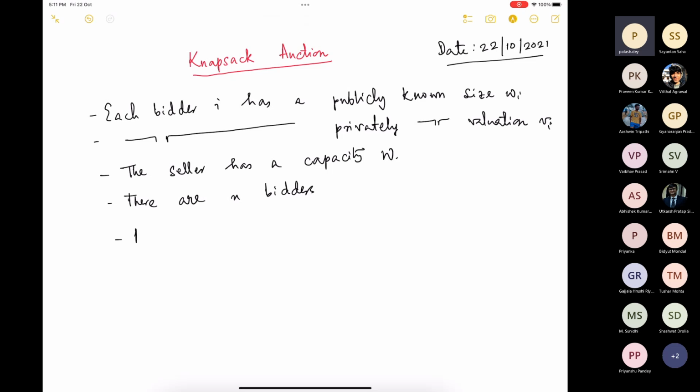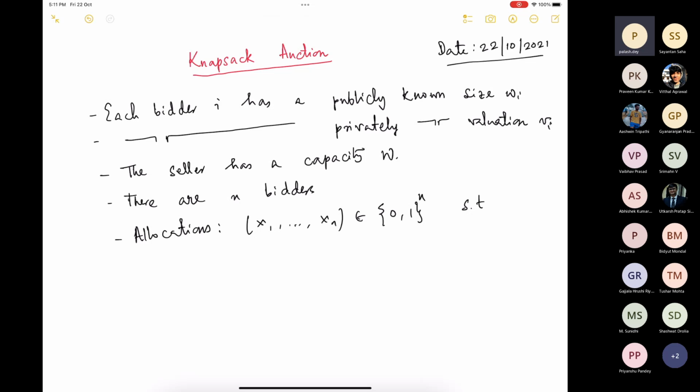And what are the feasible allocations? Allocations, so it is all x1 to xn. Each xi should take value 0 or 1, that is {0,1}^n, such that the size constraint is met.